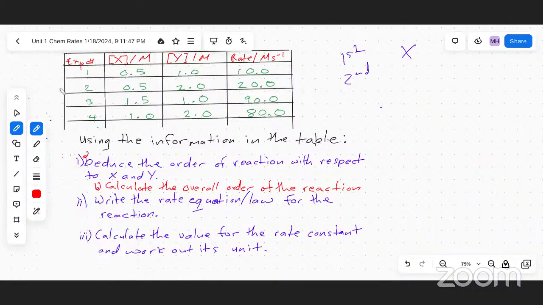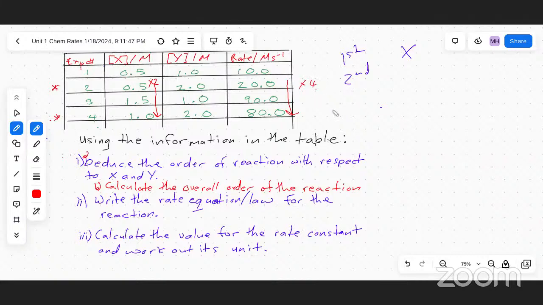All right, so in experiments 2 and 4, the concentration of X increased by a factor of 2. And what happened to the rate? It increased by how much? 4. Right.